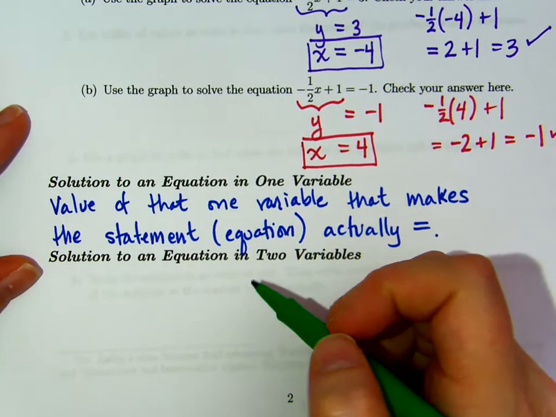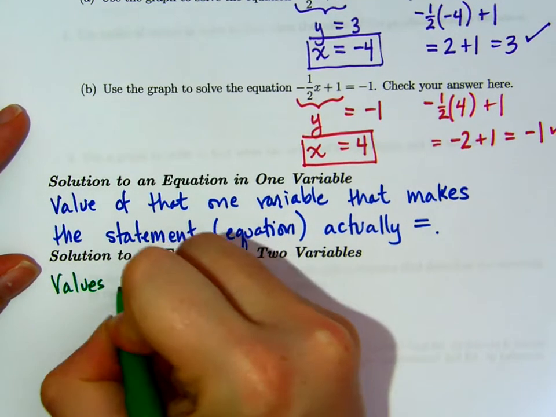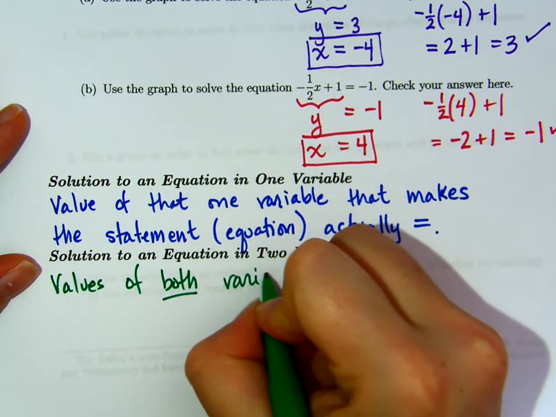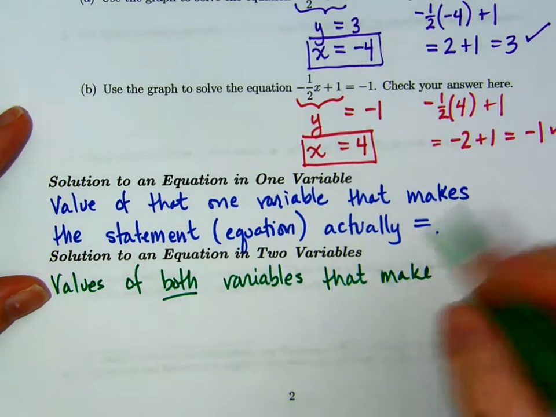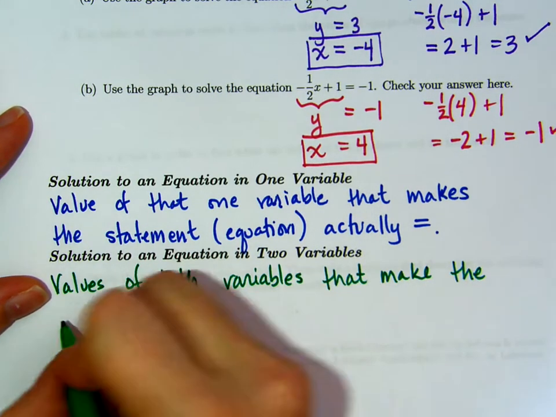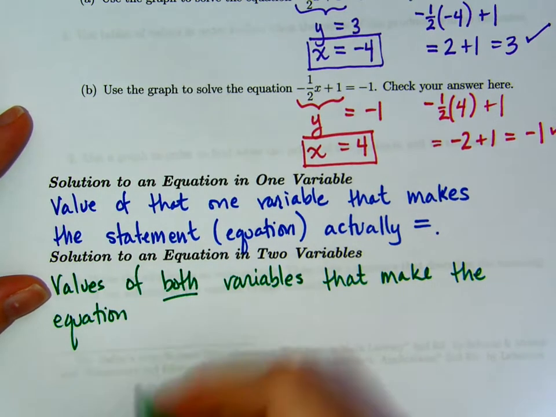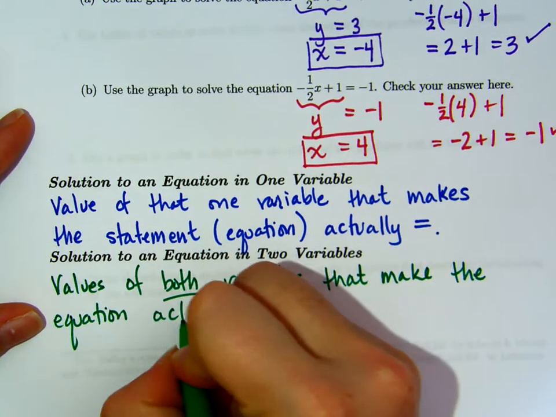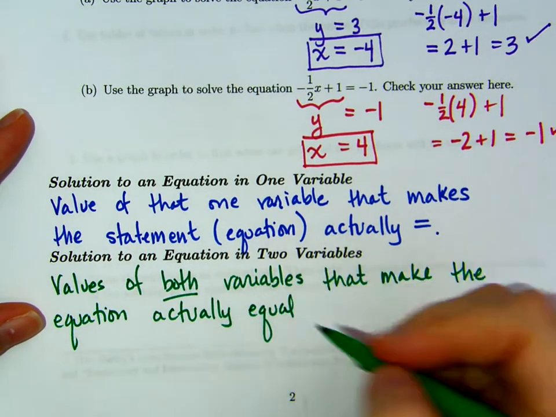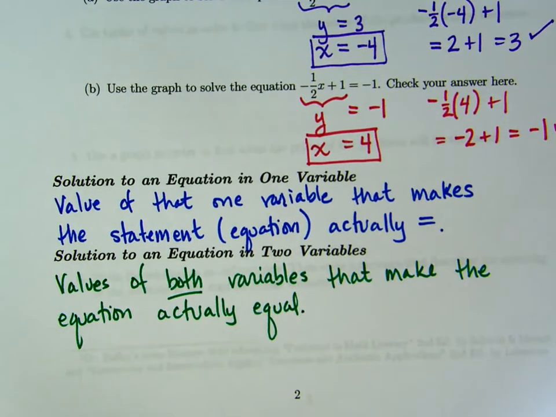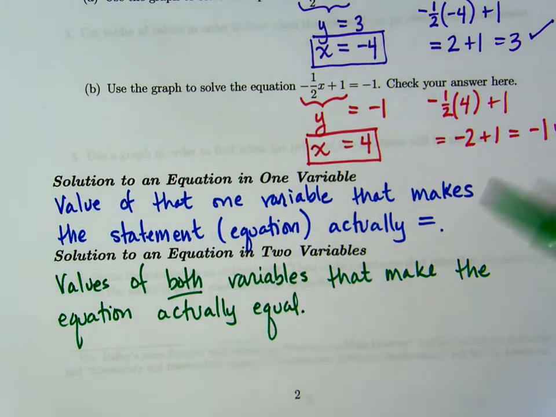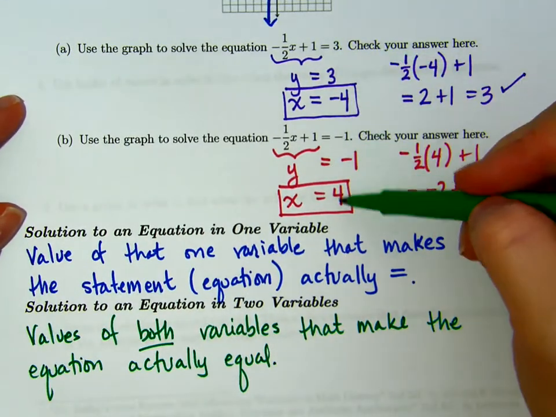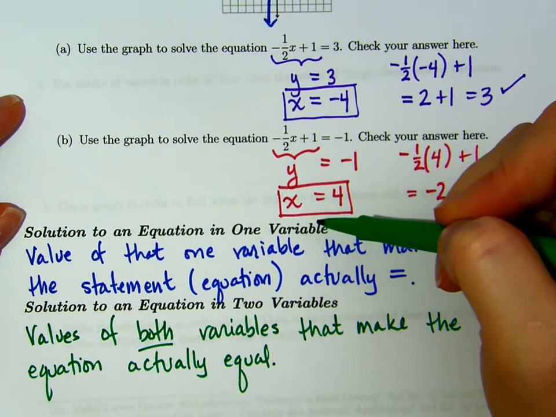So the solution is the values of both variables that make the equation actually equal.